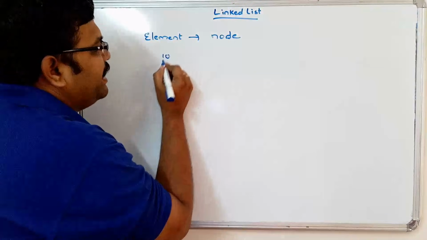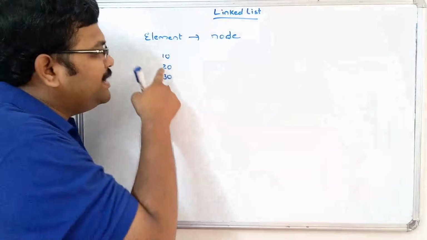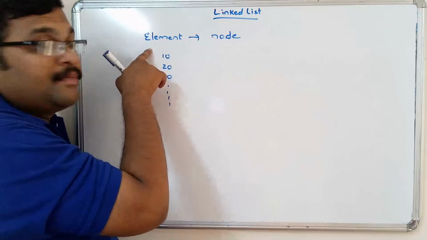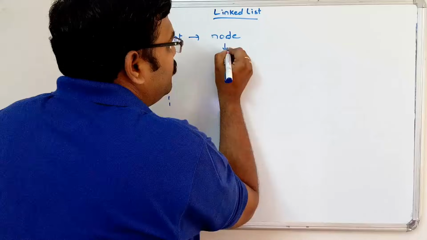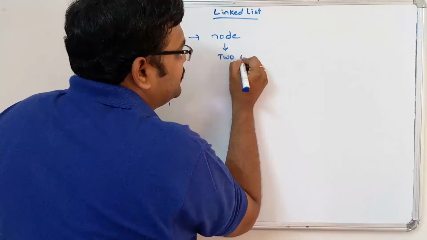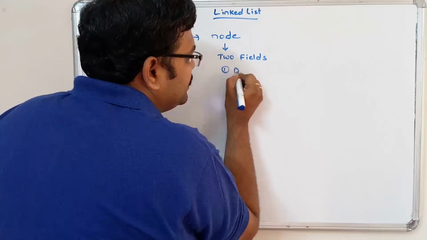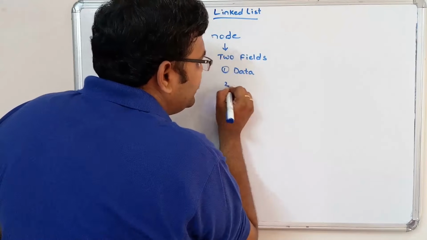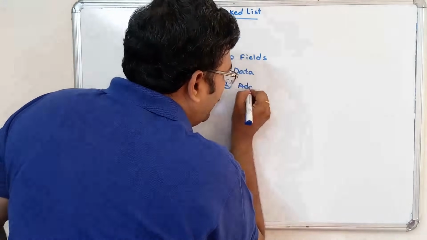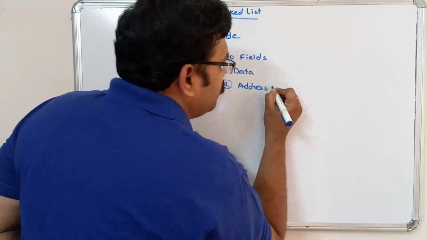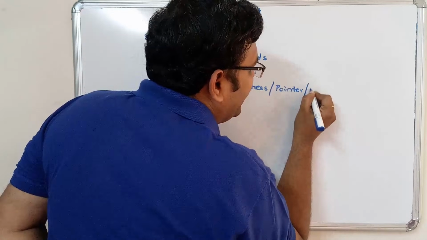Let it be either 10 or 20 or 30, right? And so on. So this is called an element. But here a node consists of two fields. First one is the data field, second one is the address field, address or pointer field, or a next field, right?